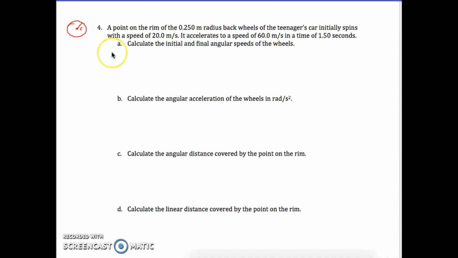And so the teenager's car is initially spinning with a speed of 20 meters per second, but that's for a radius of 0.25 meters. So the linear speed of 20 meters per second is going to get converted to the angular speed, 20 over 0.25, gets us spinning at 80 radians per second.